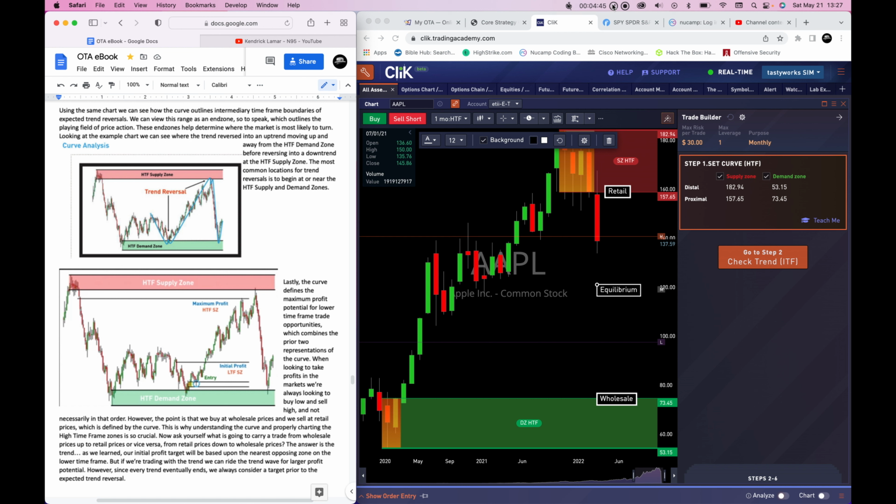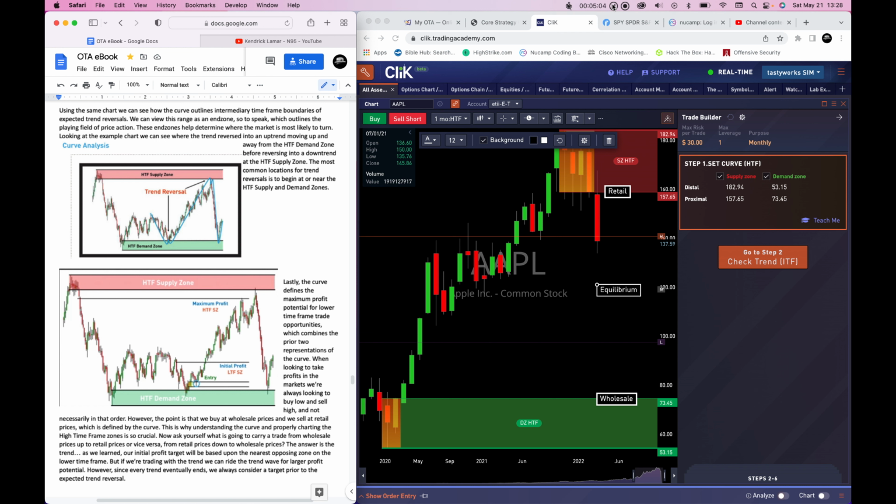The answer is the trend. As we learned, our initial profit target will be based upon the nearest opposing zone on the lower time frame. But if we're trading with the trend, we can ride the trend wave for larger profit potential.